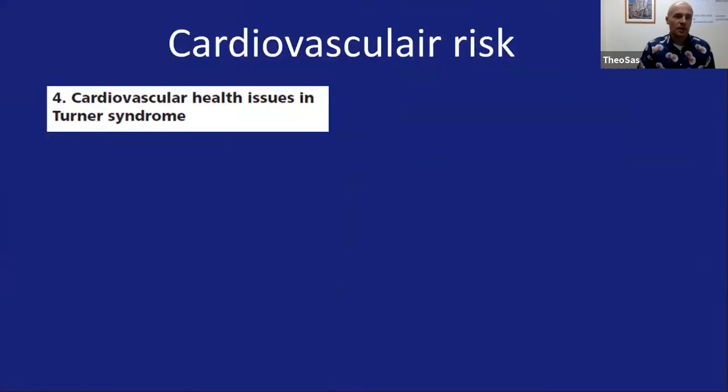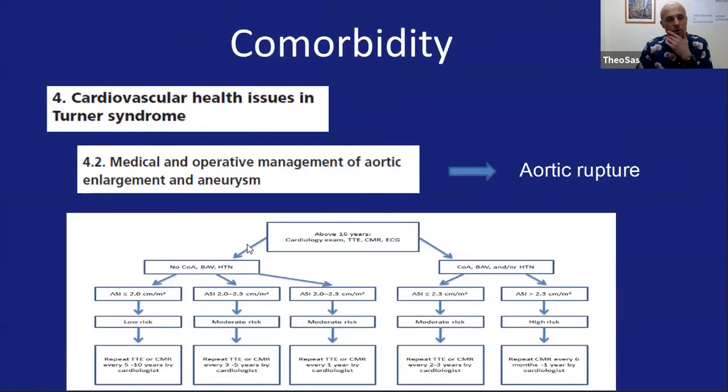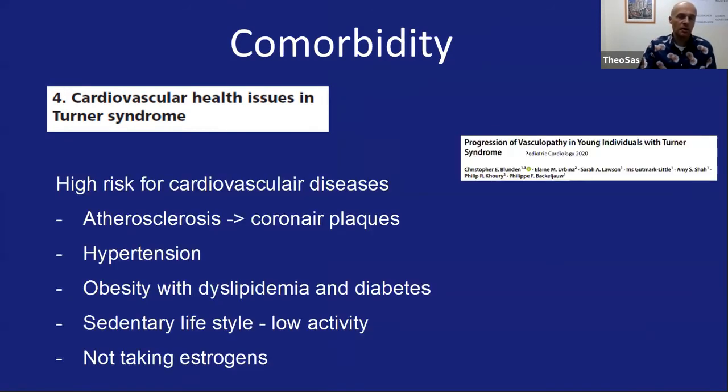And not only in relation to sport, there is advice given, and you can see that in the guideline as well, on how to do the aortic size echography or MRI, etc. All of that is thought about to try to avoid aortic rupture, which is a problem in women with Turner syndrome.